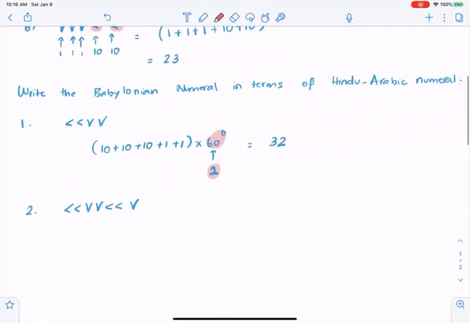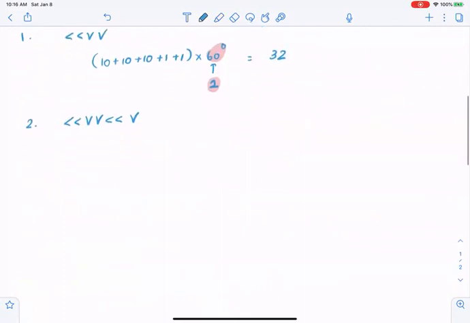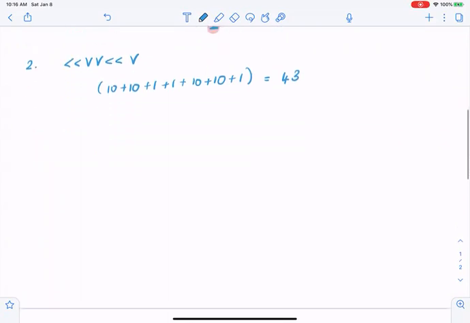So here we have 10 plus 10 plus 1 plus 1 plus 10 plus 10 plus 1. That would be 43. We don't have to multiply by anything, in the sense we're simply multiplying by 1, or 60 raised 0.